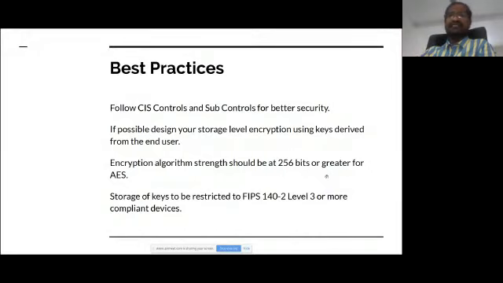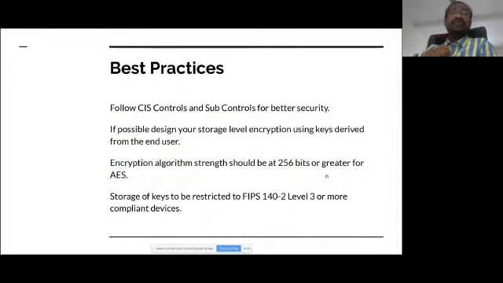Follow CIS controls. You can search for that particular keyword in Google. You'll find tons of materials around it. There's a very nicely defined Excel sheet for you to look at and follow. It's very simple questionnaires asking you specific information, and you could simply mark it yes or no. That would give you a clear idea of what level of security you need to put into your systems.